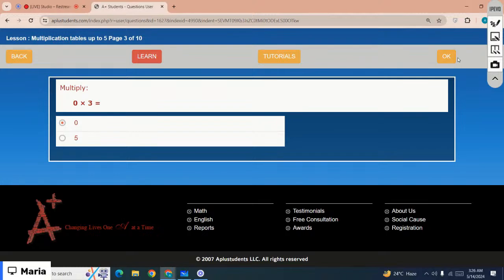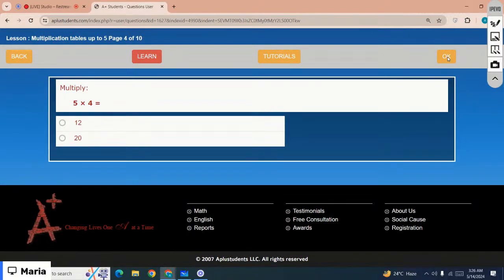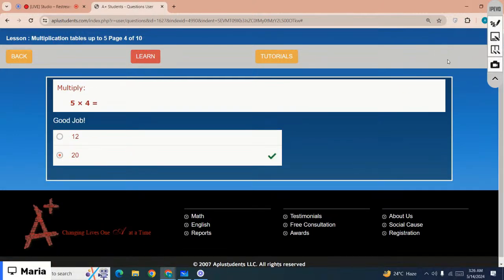Any number when multiplied by 0 makes the answer 0. 5 times 4 equals, 5 times 4 is, yes, 20. The correct option is 20.